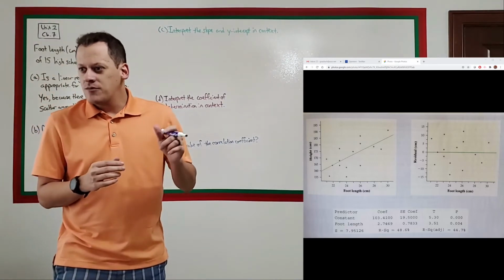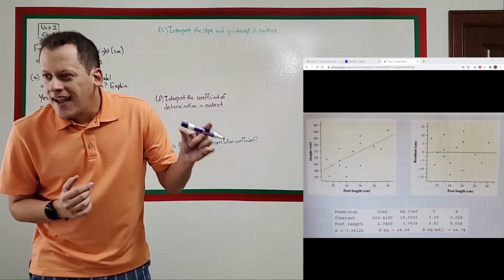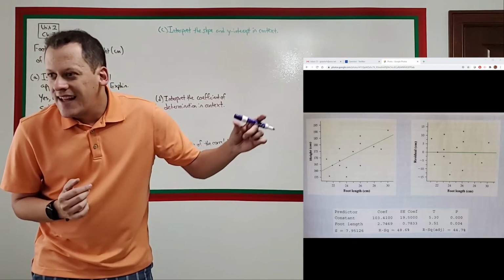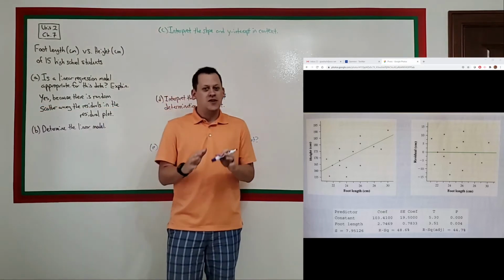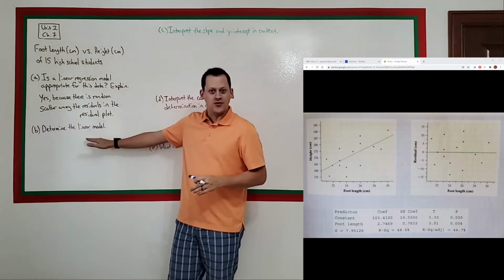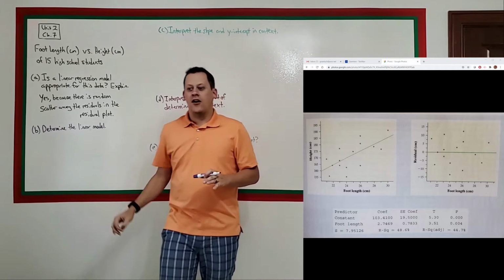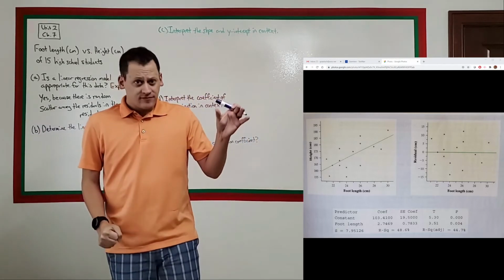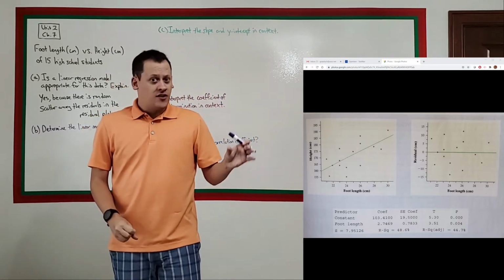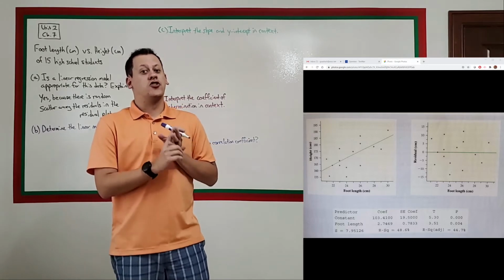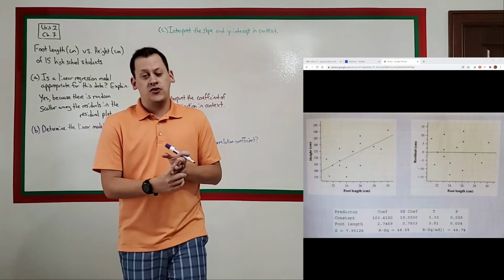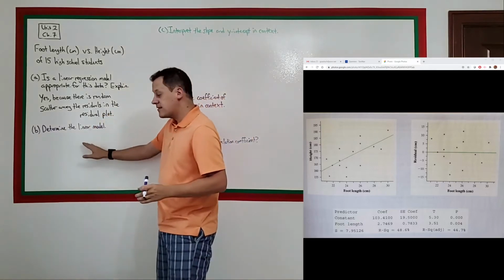And across those columns it has coef, SE coef, T, and P. The only things that you need to look at to answer this question and determine what the model looks like are the names on the left-hand side, constant and foot length, and the numbers under coef. Those are the only two things you need to answer this.